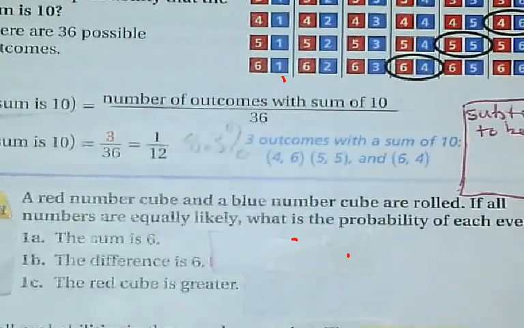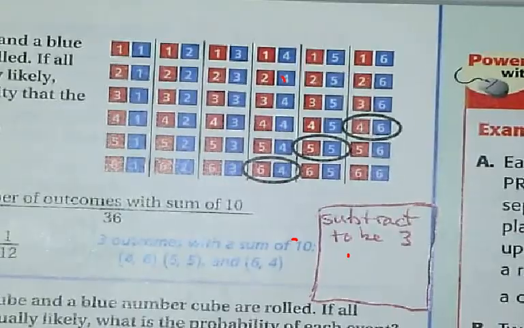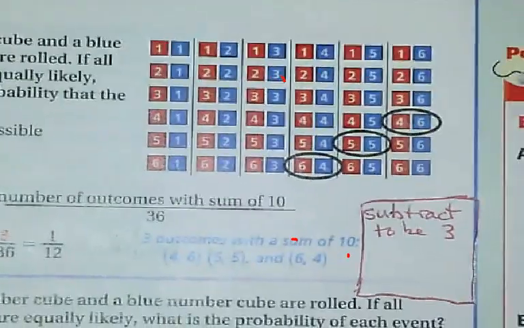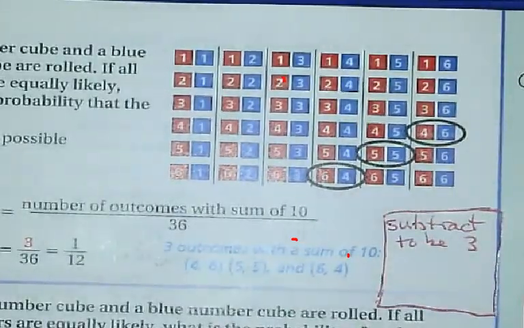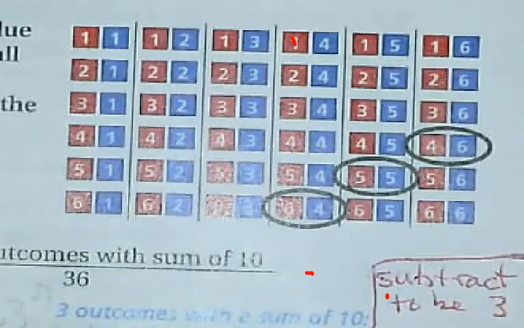Now then, we're looking for when the red one is bigger than the blue one. So this is at the top of 491. It's probably easier for you to see it on your page than on mine, but let's look. When is the red one bigger? Well, how come it's so reflective? Let me get rid of that.